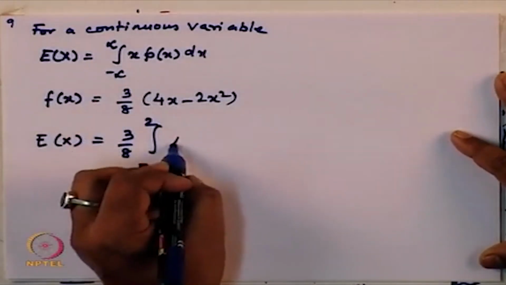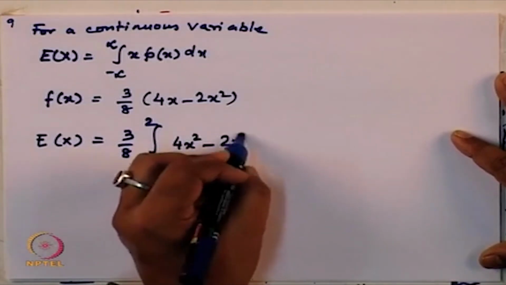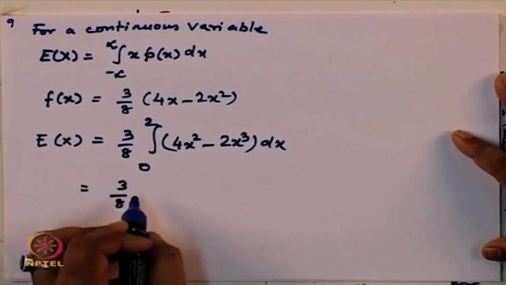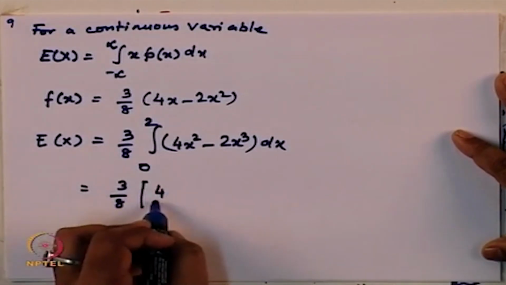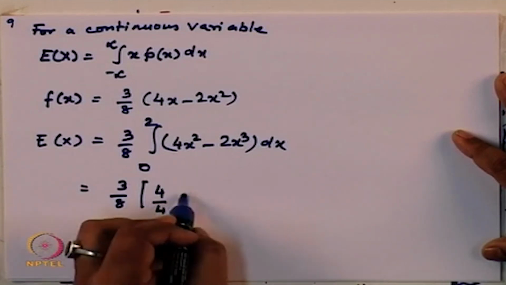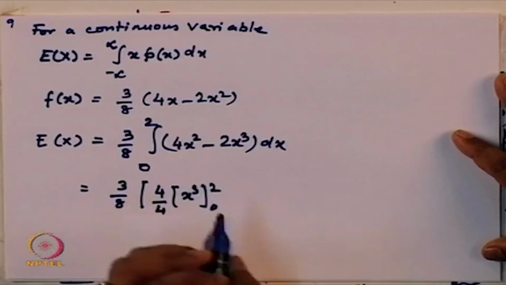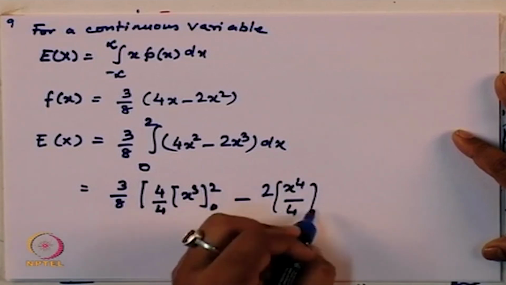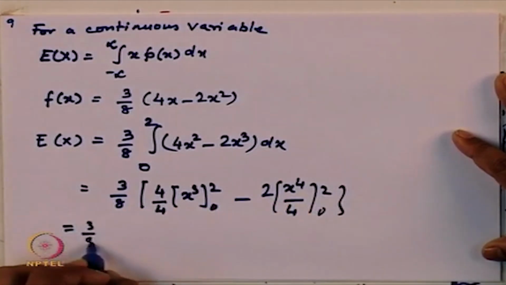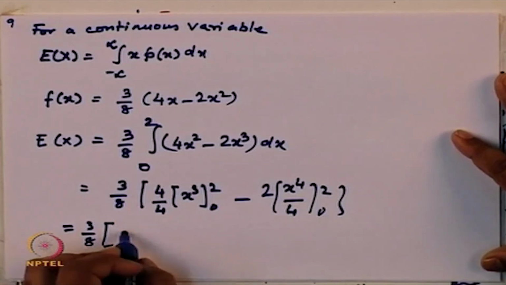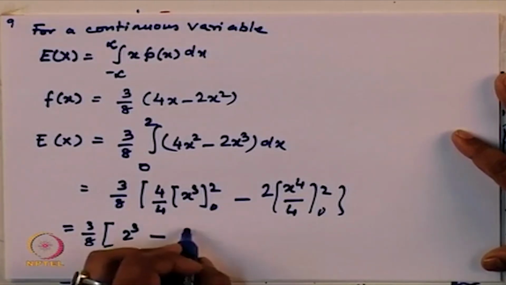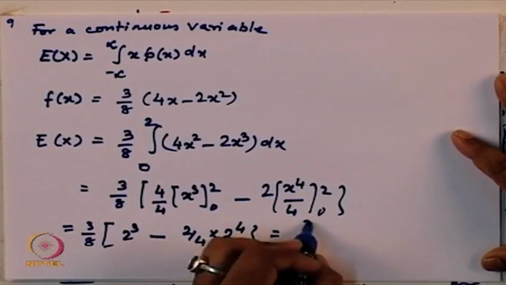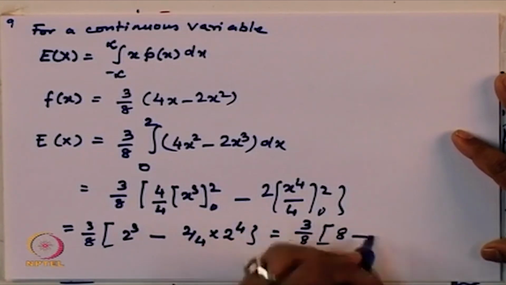So, you can have (4x square minus 2x cubed) dx, equal to 3 by 8 into [4 x cubed by 3 from 0 to 2 minus 2 x fourth by 4 from 0 to 2]. Am I doing the right thing? It is x cubed by 3, sorry, so 4 by 3 into 2 cubed, which is 8, minus 2 by 4 into 2 to the power 4.